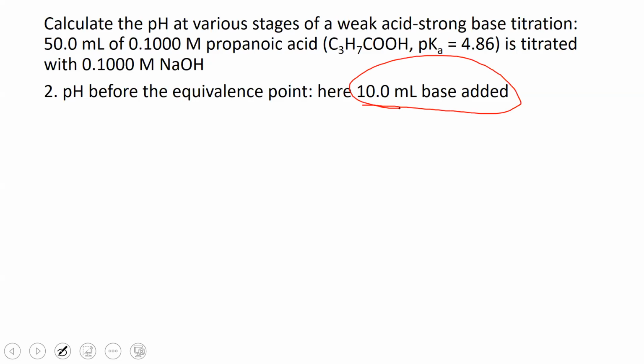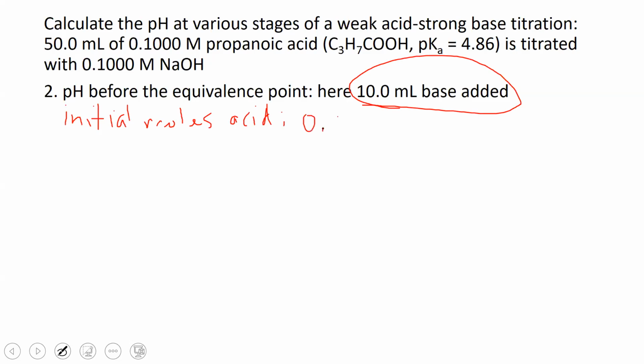And so what we need to know here is, first off, how many moles of acid we began with. So initial moles of acid. So that's as simple as just the concentration times the volume.